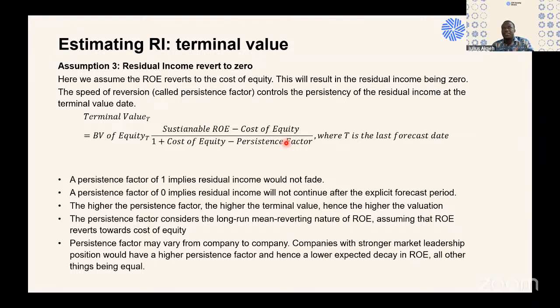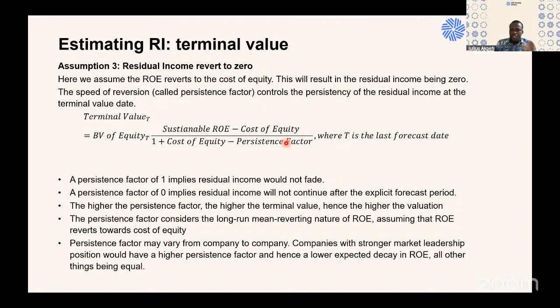The higher the persistence factor, the higher the likelihood that residual income will persist for long. The lower the persistence factor, the lower the likelihood that residual income will persist for long. As we move towards 0, we are saying that residual income will not persist for too long. If we move towards 1, we are approaching a situation whereby residual income persists forever.